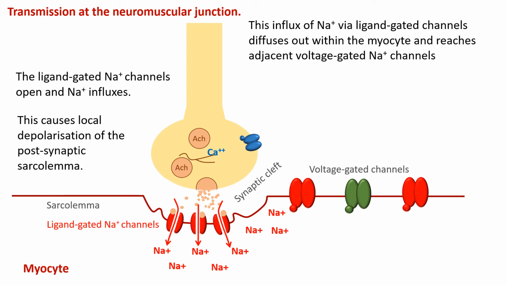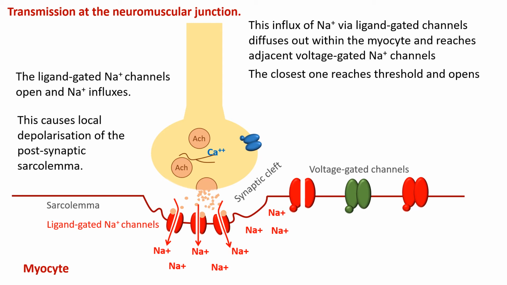Sodium diffuses across to the first voltage-gated sodium channel. And you know what's going to happen. That voltage sensor, if it reaches threshold, minus 50 millivolts, will open the channel. So the closest one reaches threshold and opens.